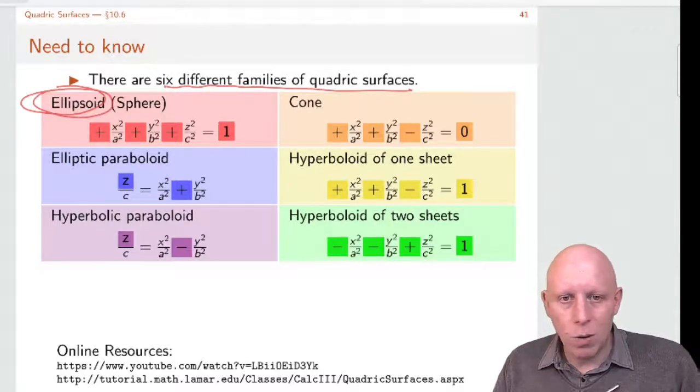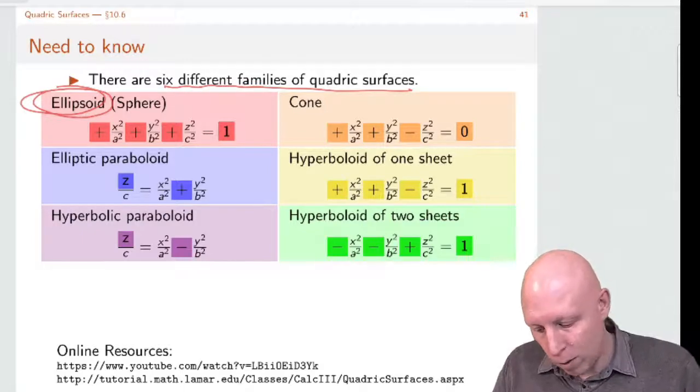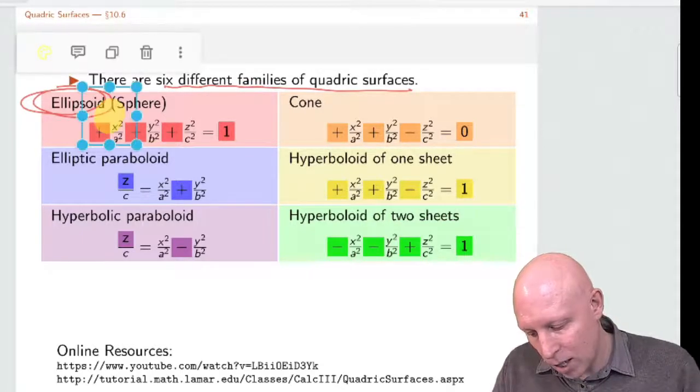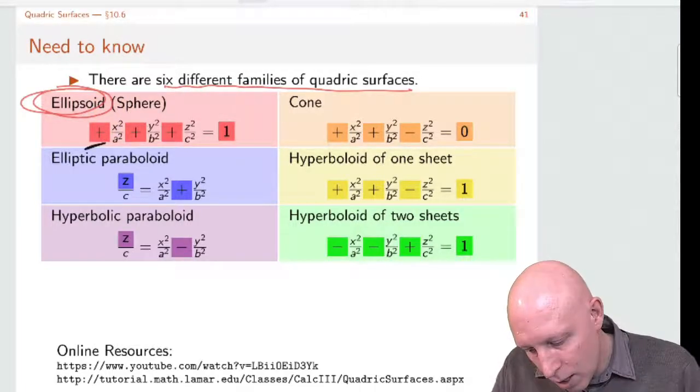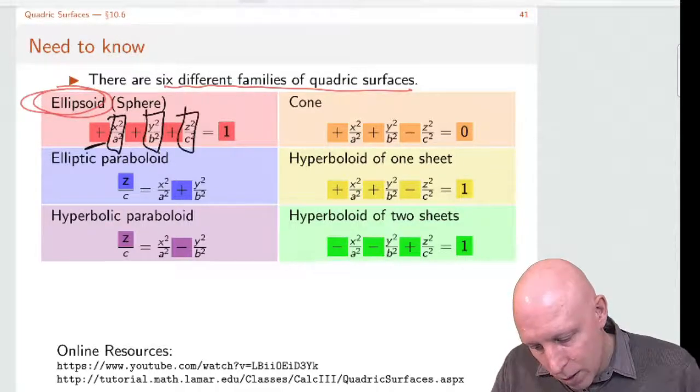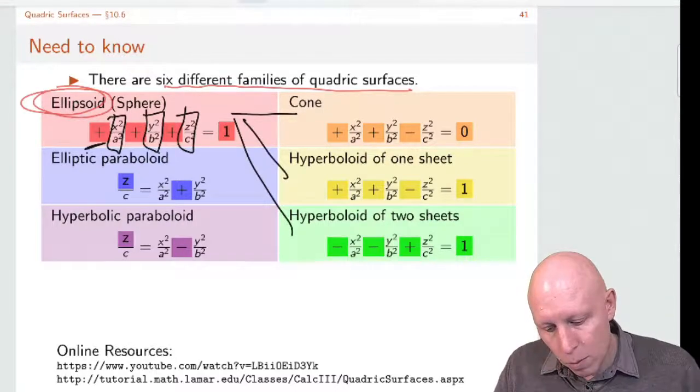And the way you can tell these different families apart is by looking at what the coefficients are of these terms. So there's these 4 different examples.